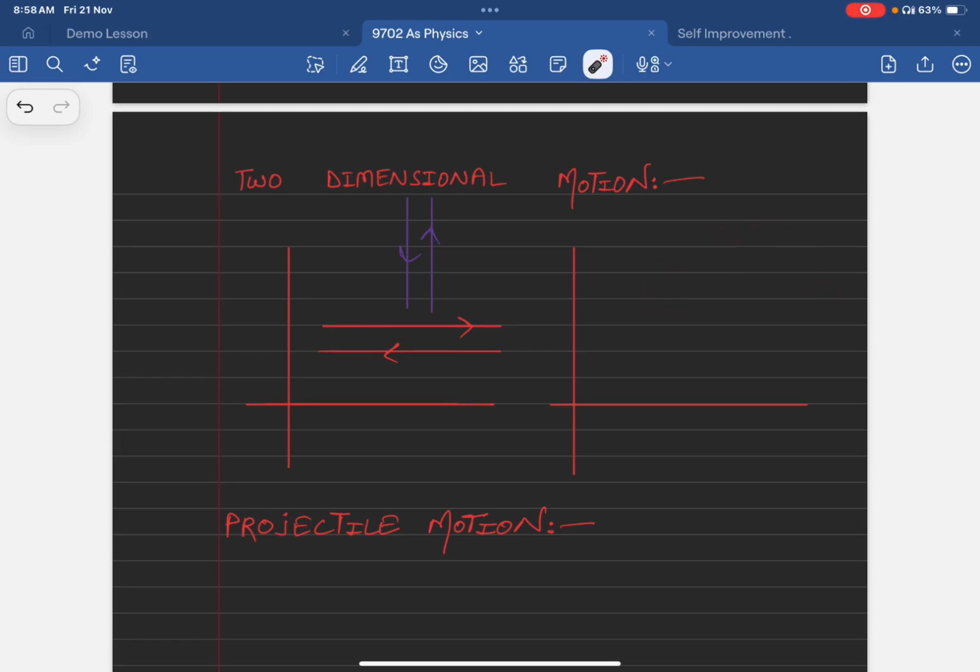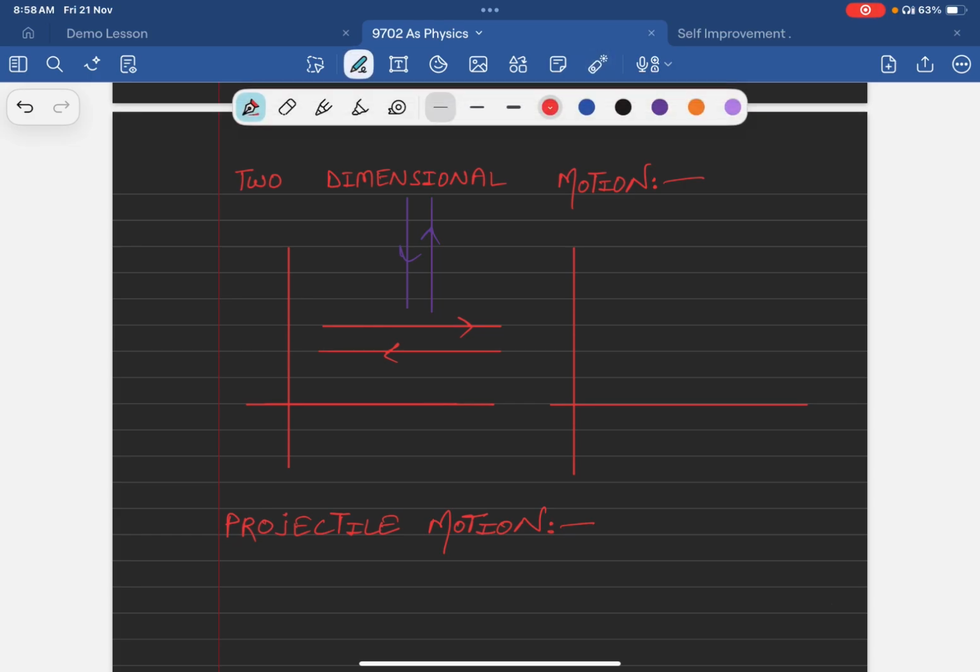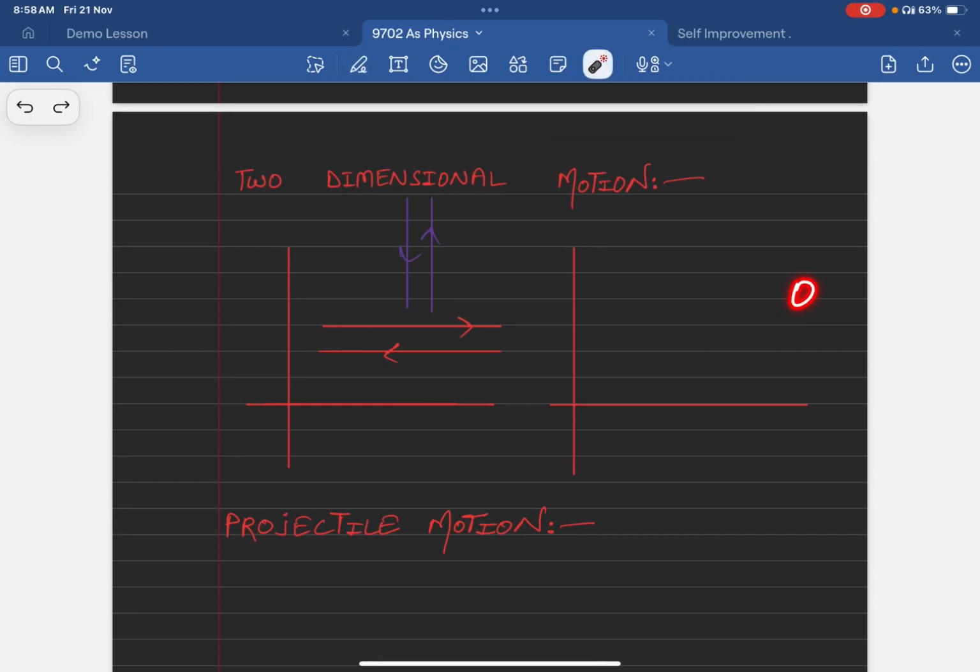In all of these examples, the objects are moving in two directions. They are moving in x and y at the same time: forward and up, downward and forward. Or let's say you are throwing something horizontally from your window to your friend, who is standing here.